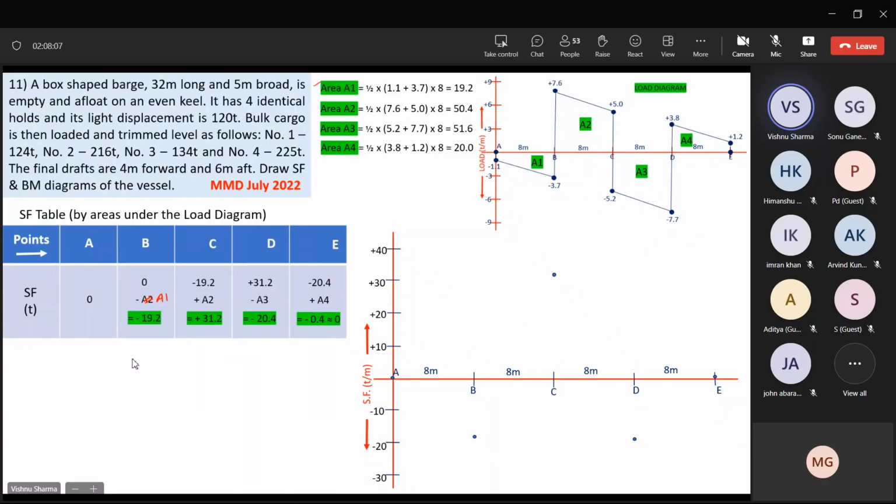Over 8 meters, the height changes by about 2 meters, or 2.5 something. So it will not be a straight line, agreed, but whether it will be closer to a straight line or a curve depends on how much the difference is between the parallel sides. If the difference is too much, then it's going closer to a triangle. If the difference is less, it is getting towards the horizontal line. And that means the resultant will be nearing a straight slanting line. But anyway, it's not going to be a straight line come what may.